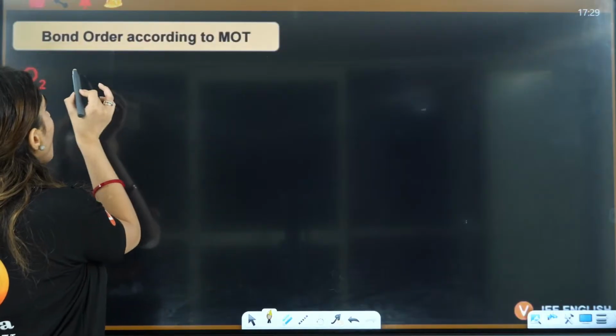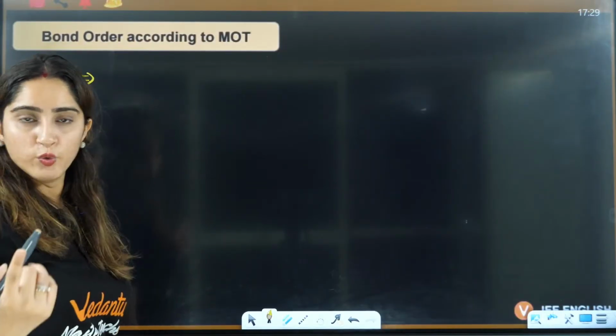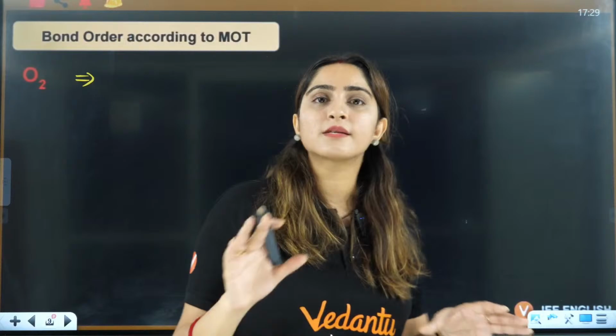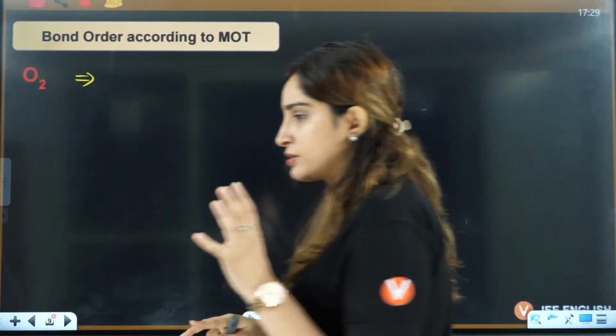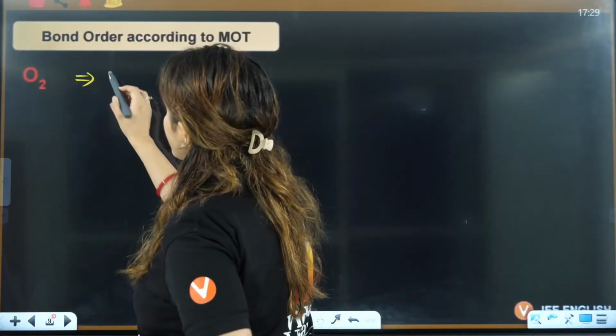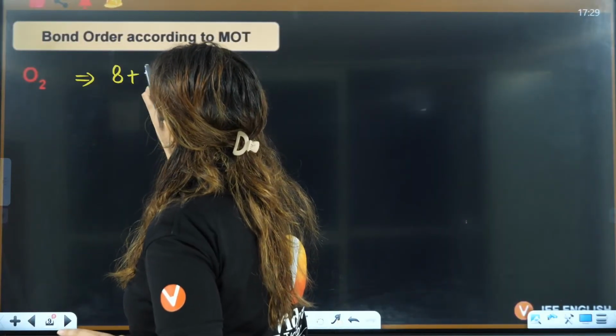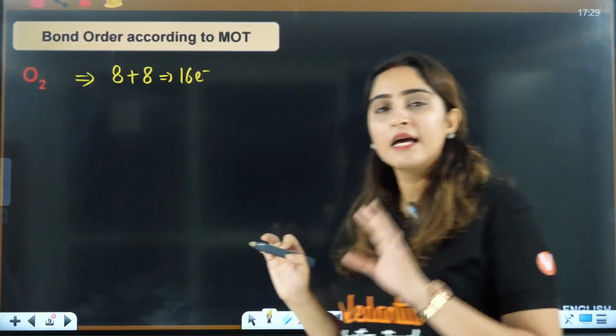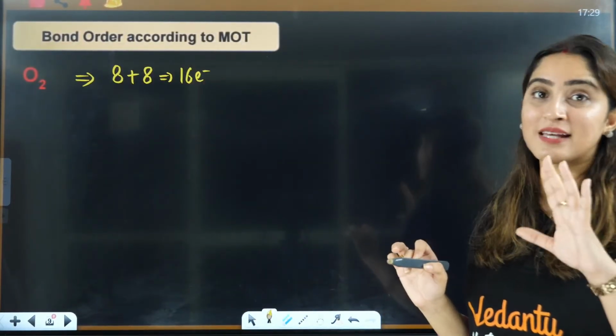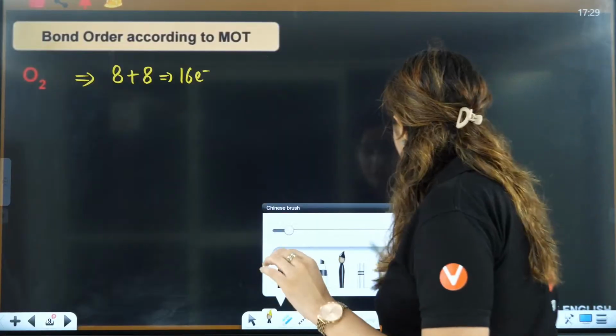So oxygen, firstly, whatever compound is given to you, first you will calculate the number of total electrons, right? So in one oxygen you have 8 electrons, in 2 oxygens you will have 16 electrons. Now you are going to fill these electrons.